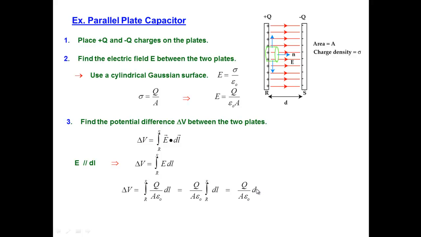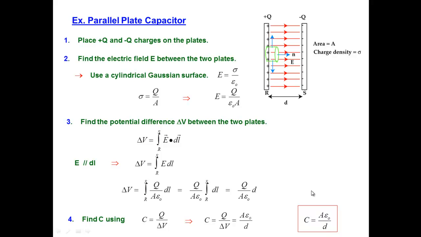And the very last step, you can see what the result's going to be. It's very easy. We want to simply go to the definition of capacitance as Q over delta V. Well, Q, the numerator, is Q, right? And the denominator delta V is just Q over A epsilon naught times d. When we plug that into the denominator, we get the final answer for the capacitance of A epsilon 0 over d.